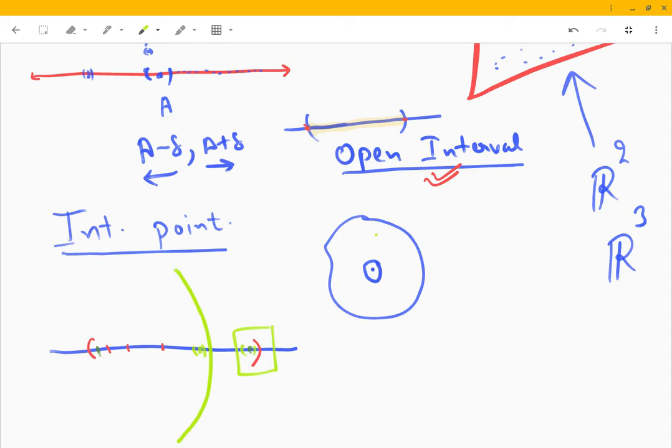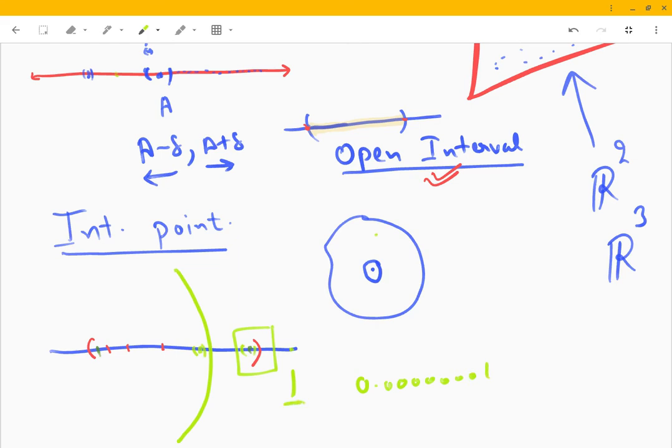Okay, and here comes the concept of deleted neighborhood. You see, a point is so small that you cannot just mark it on the real line. A point is extremely small, no matter if it is 1 or if it is 0.00000001.